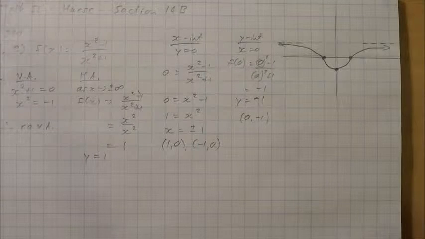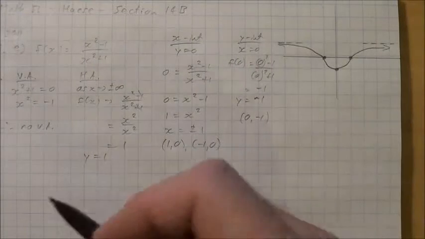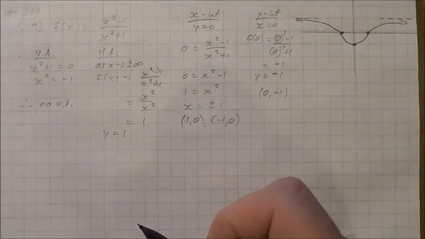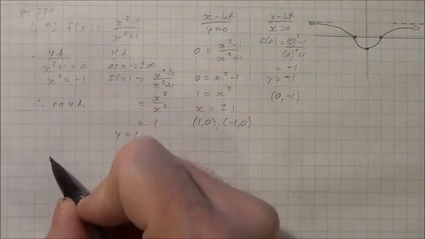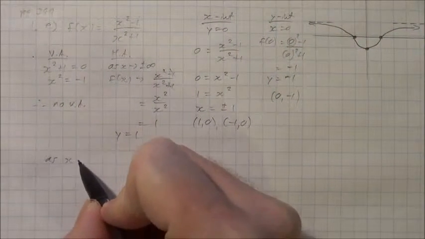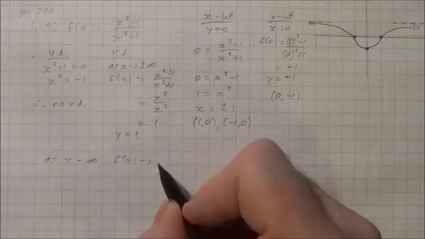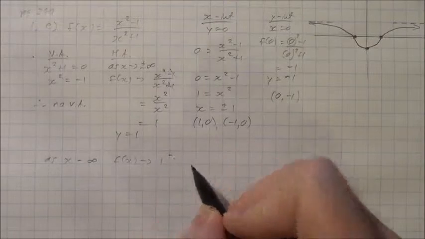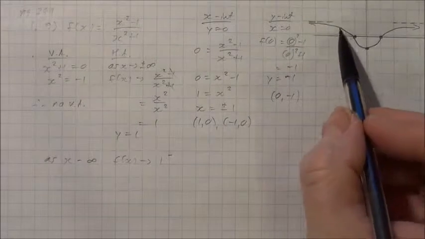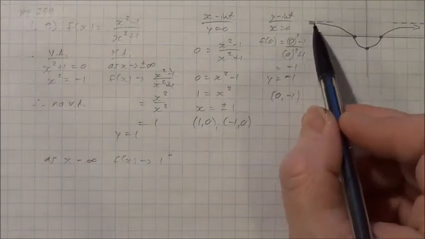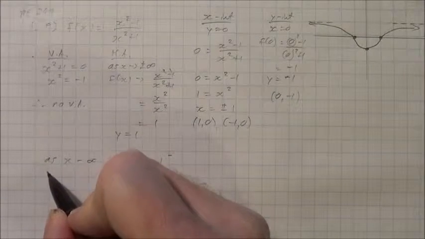Now, as there are no vertical asymptotes to analyze, we can say as x approaches negative infinity, f of x approaches 1 from below, which is the horizontal asymptote.